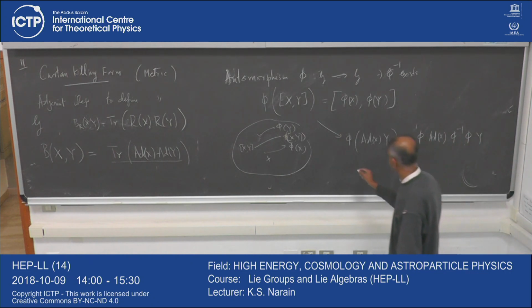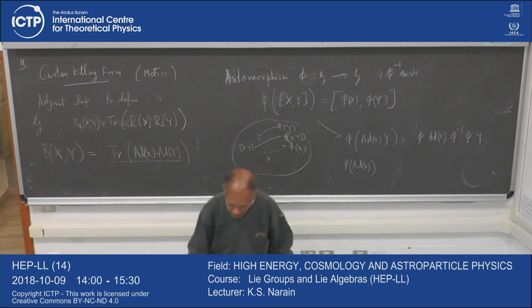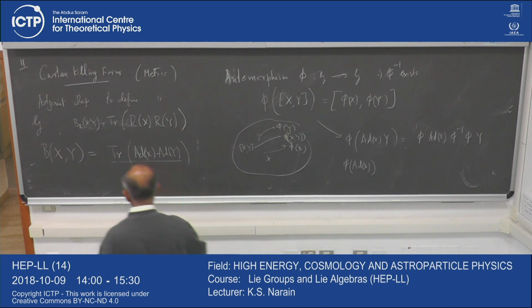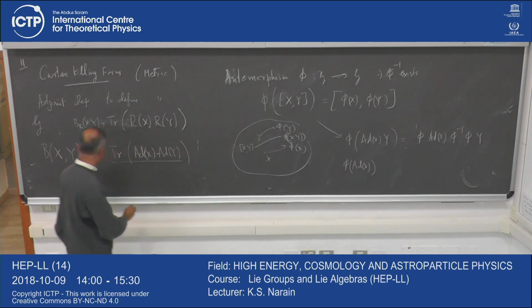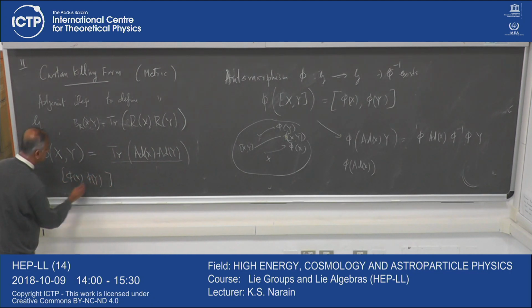So phi of ad x, let's see what is the statement here. And going back here, what are we trying to prove? We want to prove this, that phi of x commuted with phi of y is phi of the commutator of x and y.